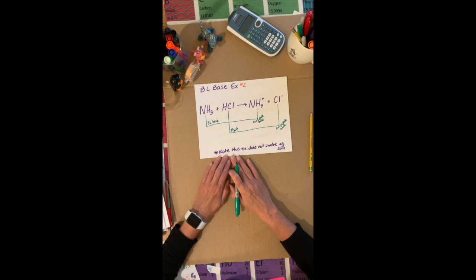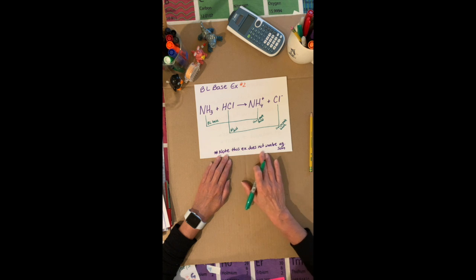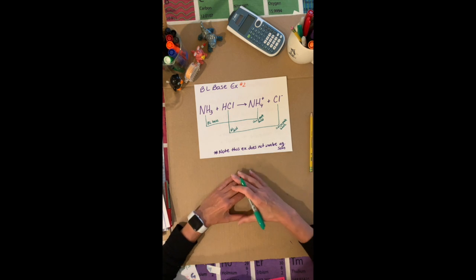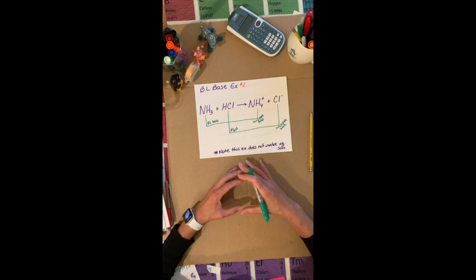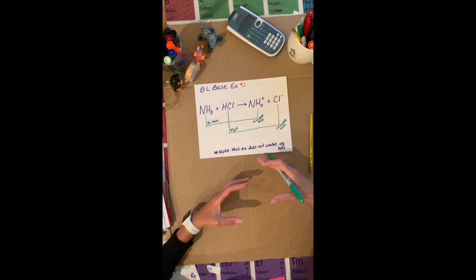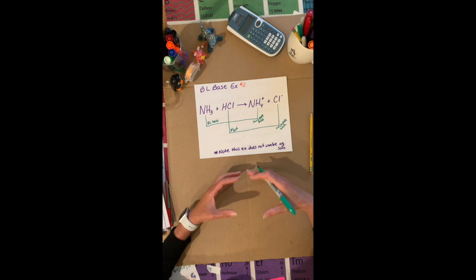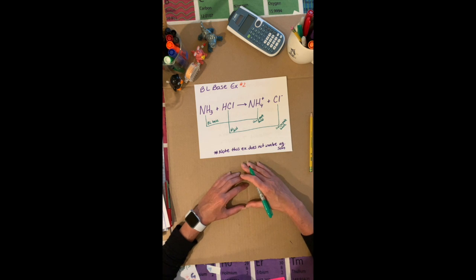And just another side note, with Bronsted-Lowry acids and bases, it doesn't always have to involve being dissolved in water or an aqueous solution. And this is one example of that. So the Bronsted-Lowry acid-base definition expands the definition of acids and bases beyond the Arrhenius definition.